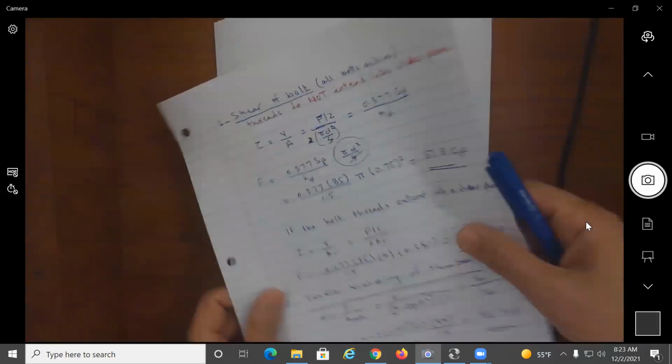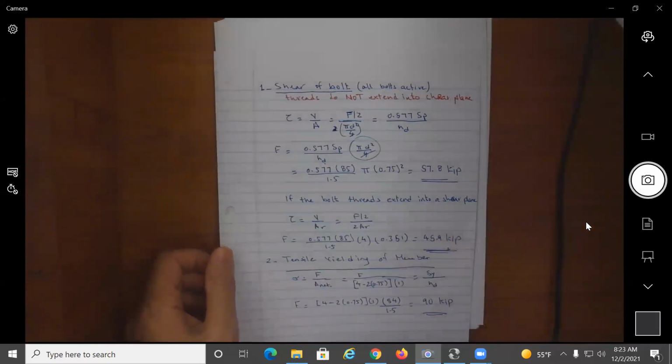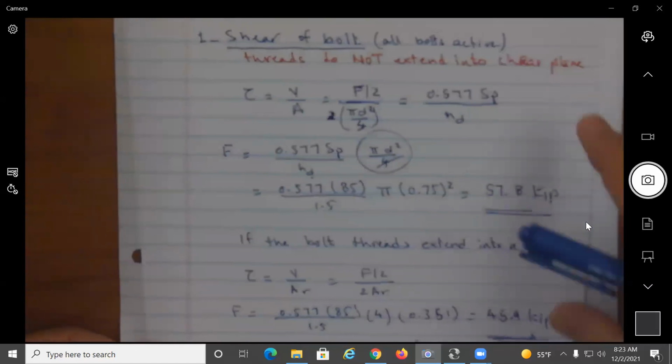Right? And this was clear in the example that we did last Tuesday when we looked at the shear of the bolt. This is the example we did.